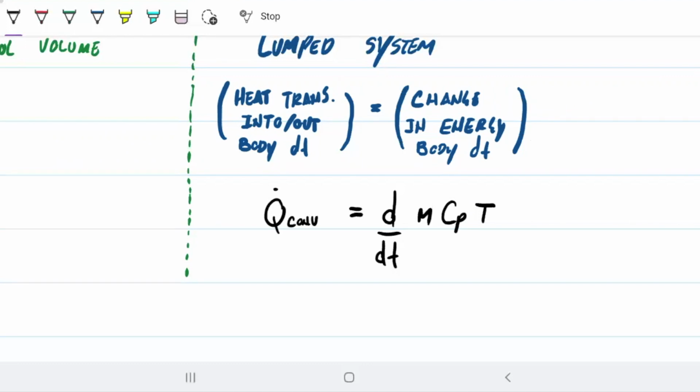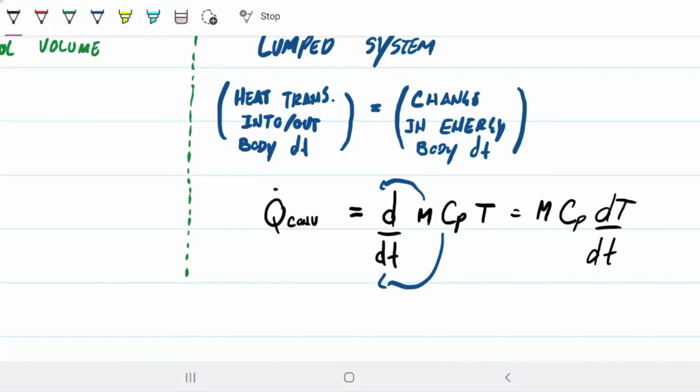There's no water or liquid going into or out of this vessel. So in reality, this mass can leave the derivative, and our C sub P can leave the derivative, but our temperature cannot. So in our case here, for our analysis, we have mass times C sub P, and then we have how temperature is varying with time.